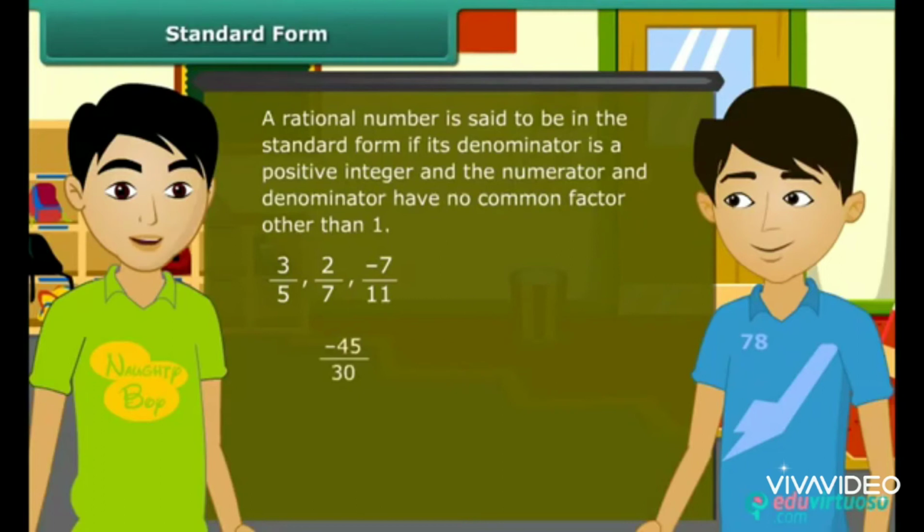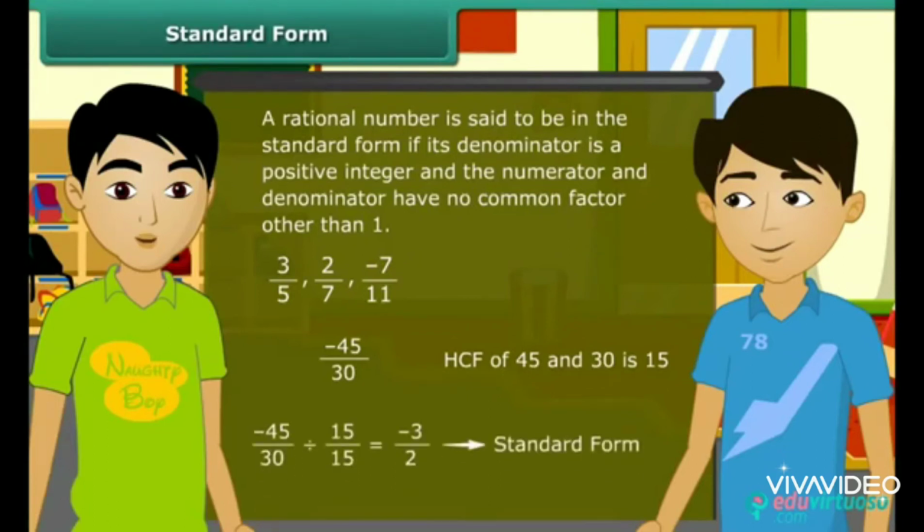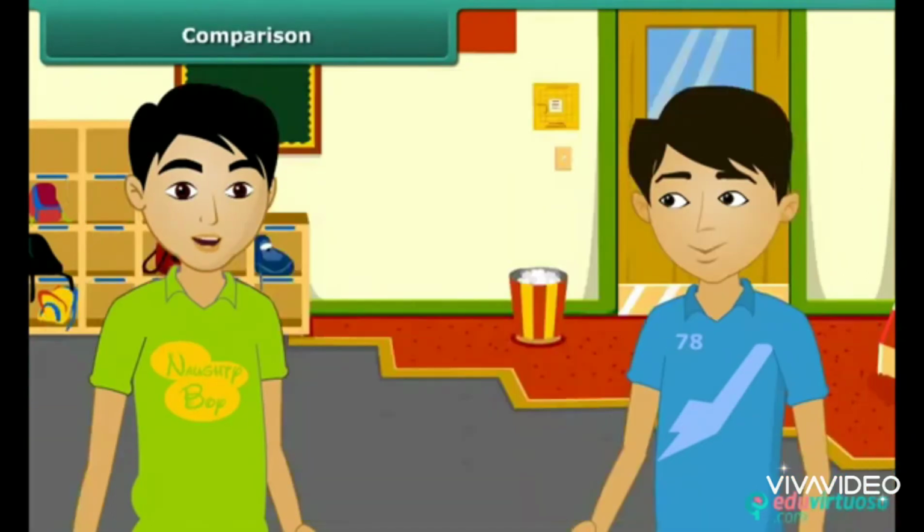Then minus 45 upon 30 is actually not in standard form because they have a common factor. So we divide by the HCF of 45 and 30, that is 15, and we get minus 3 upon 2, which is in standard form.